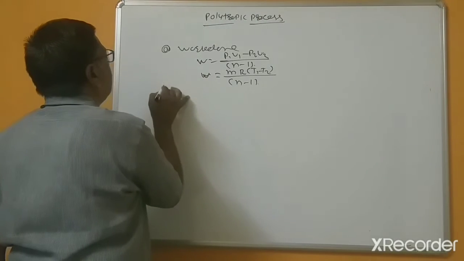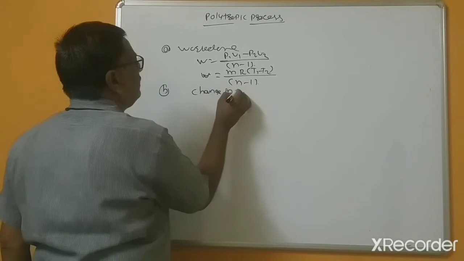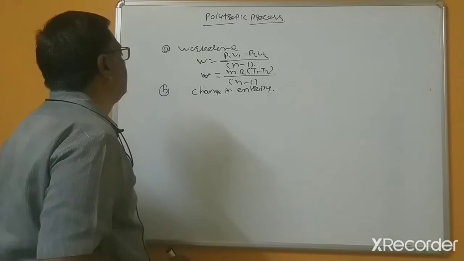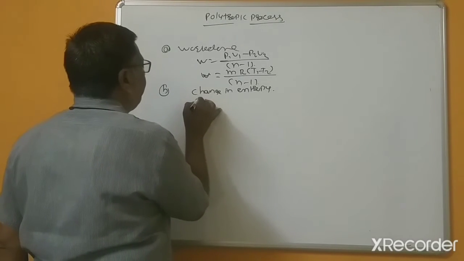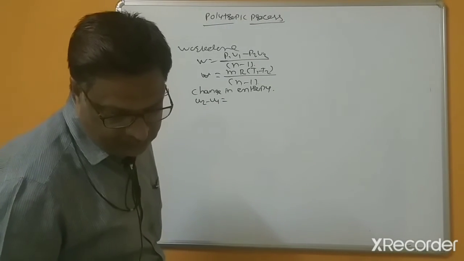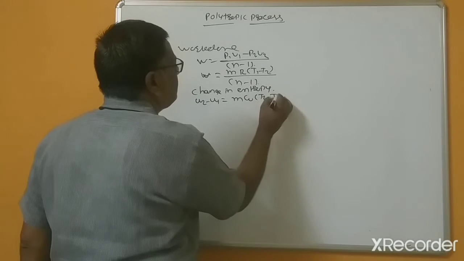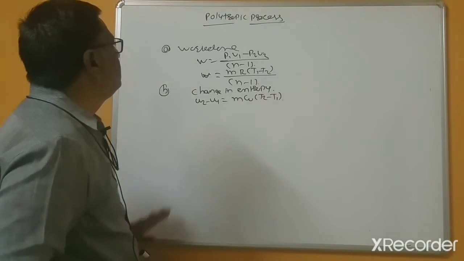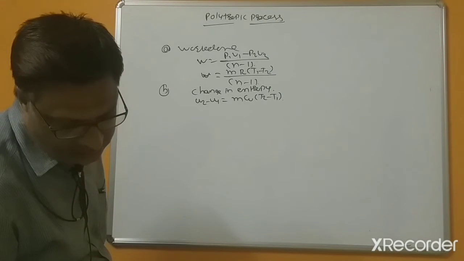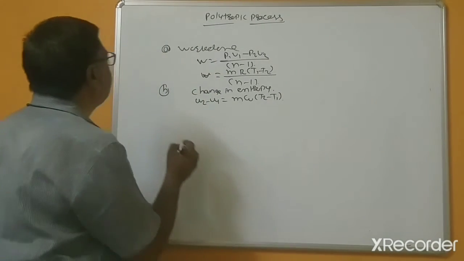And for the change in internal energy, U2 minus U1 equal to mCv (T2 minus T1).